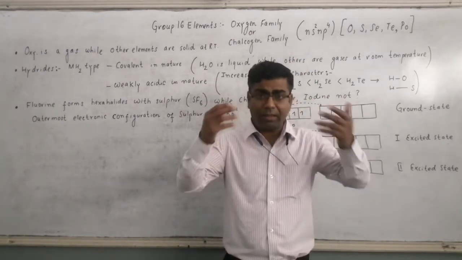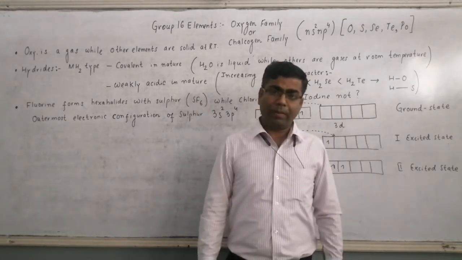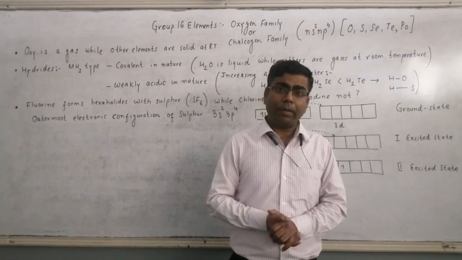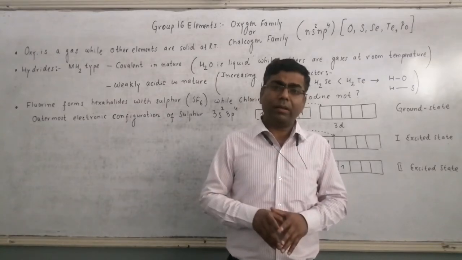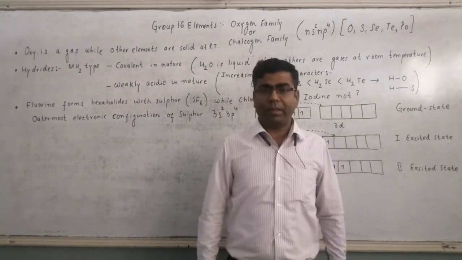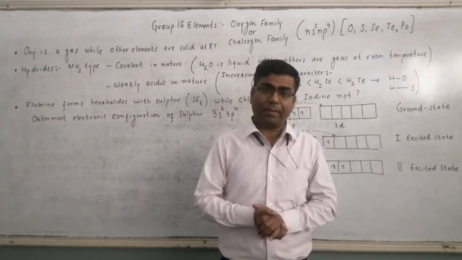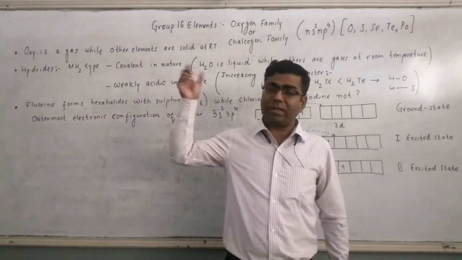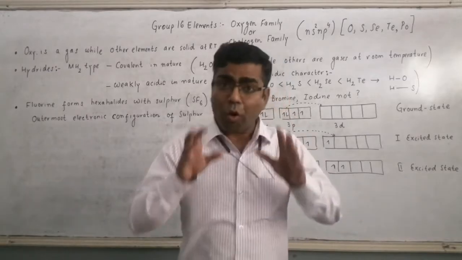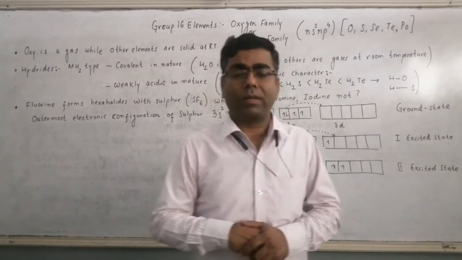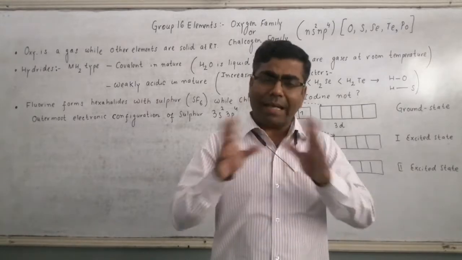But for the other atoms, their size is more. If the size is more, then formation of a double bond is not easy. It is easy if the atomic size is less. Oxygen is the first member of the group having the smallest atomic size, so oxygen can form double bonds and exists as a diatomic molecule, but it's not possible for the other elements.